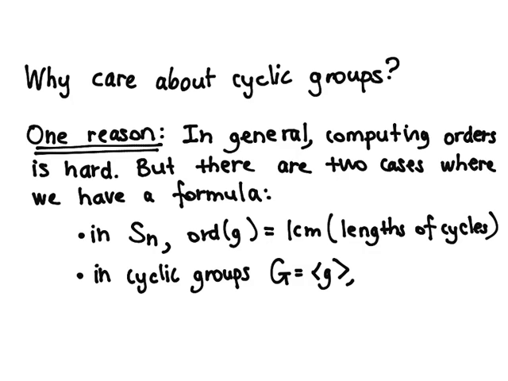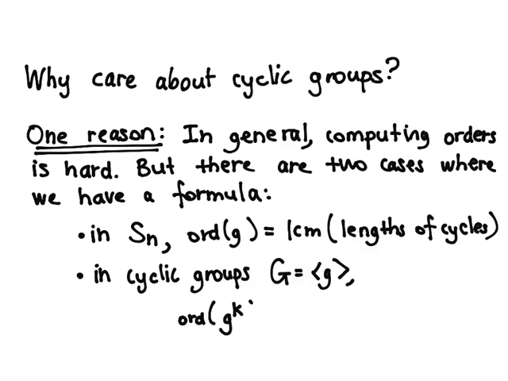So if you have a cyclic group capital G, that means that you know that it's equal to the subgroup generated by some particular element lowercase g. And that means that every element in capital G is of the form lowercase g raised to some power.